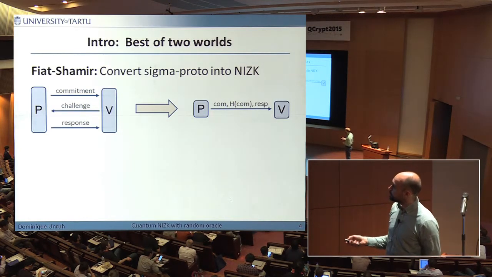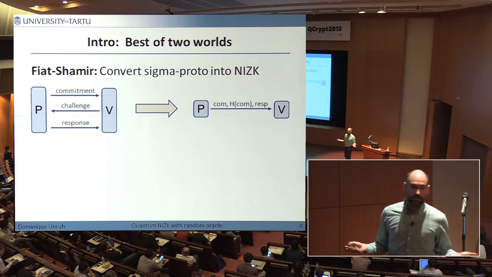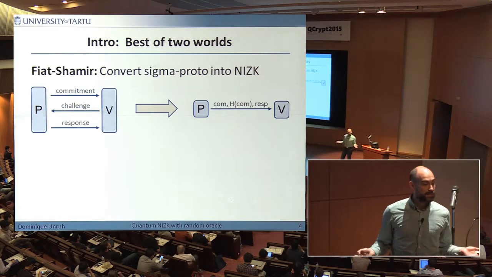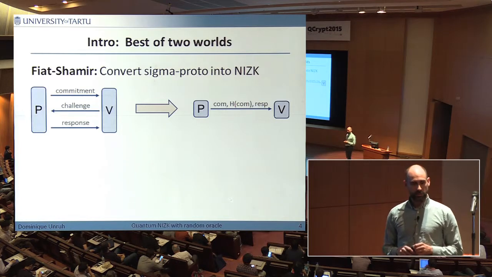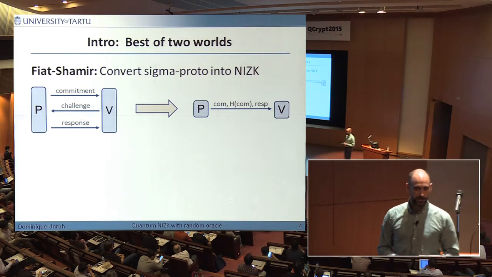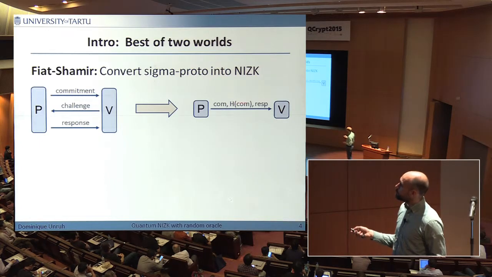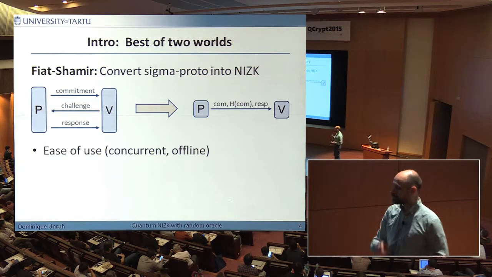And it does it in a very simple way. To produce the non-interactive proof, the prover produces the commitment, as usual, but then it can't talk to the verifier. So who gives us the challenge? Well, we get the challenge by just hashing the commitment, and that's like a random value. And then the prover produces the response. And the verifier, to check this, just also hashes the commitment and checks whether this is a correct interaction.